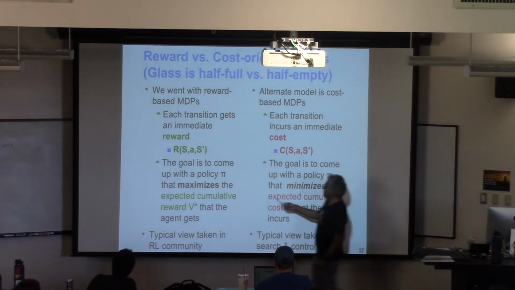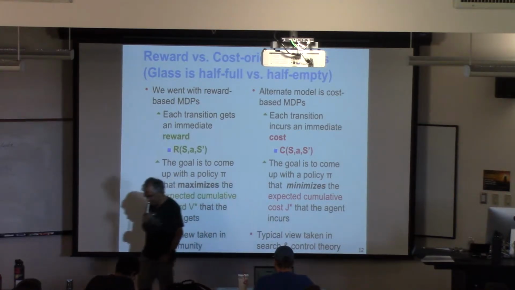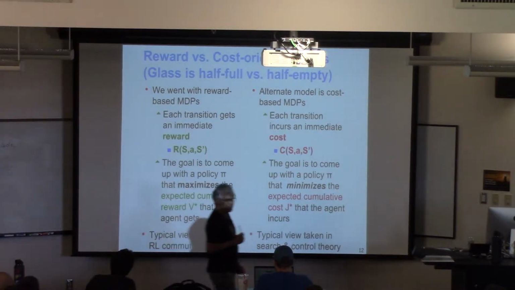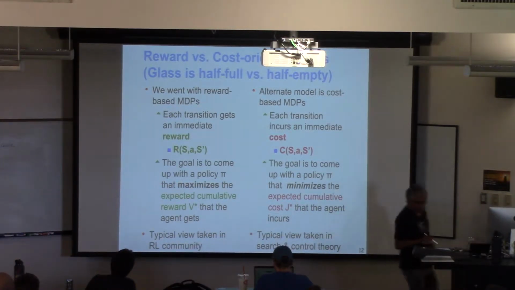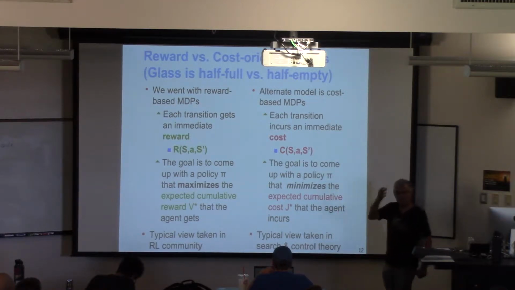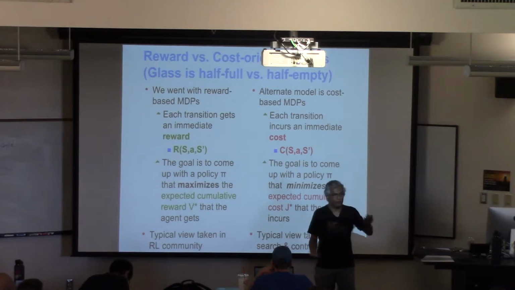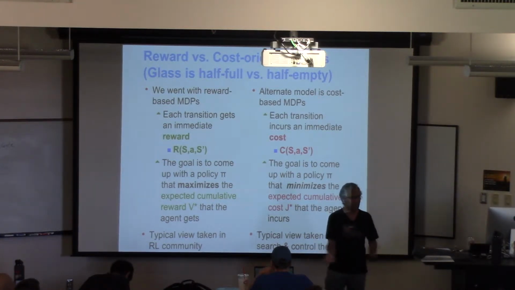The last thing, one more variation on MDPs, is reward versus cost-oriented MDPs. You can look at life in two different ways, and both are equally good. As I said, a glass is half full, a glass is half empty. They're objectively true. In one case you're thinking about what's missing, in another case you're thinking about what's there.